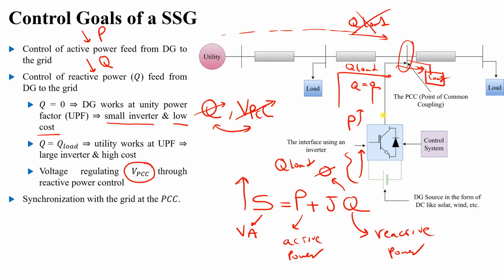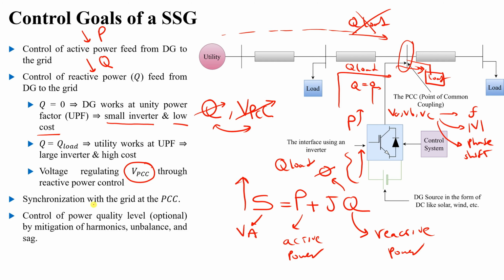In order to synchronize, we need the three-phase voltages to have the same frequency, the same amplitude, and also the same phase shift. These are the synchronization conditions, which will also be handled by the control system, all in the same controller.